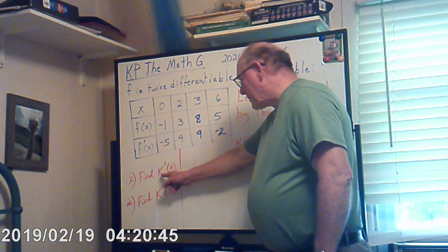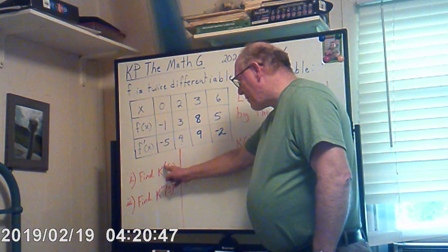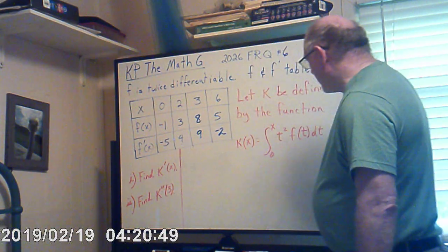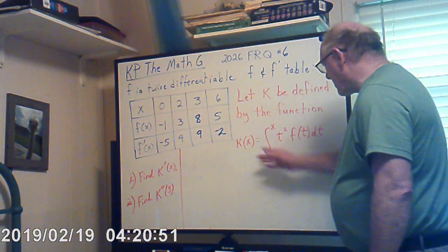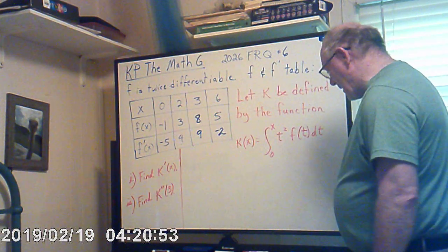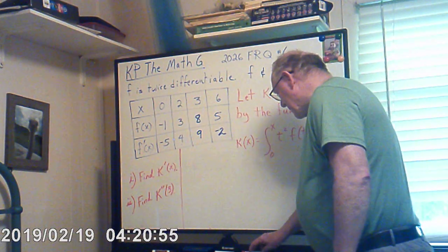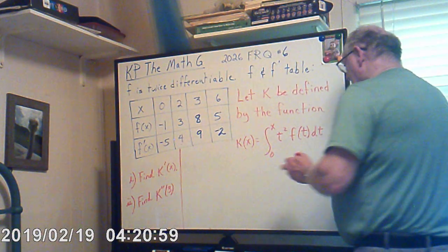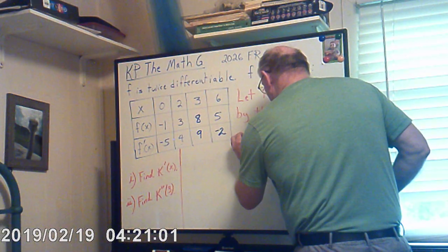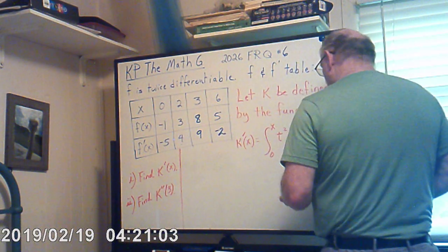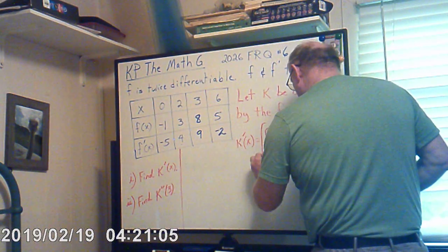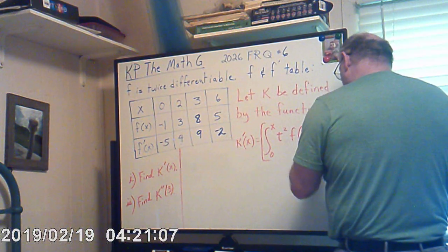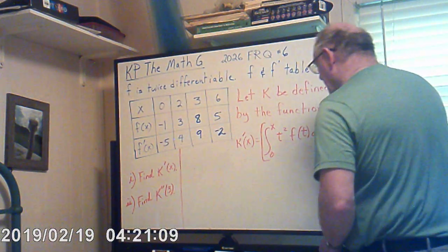So what we're doing here is we're taking the derivative of K. We're going to take the derivative of K simply by putting down a prime. When you do that prime, you're taking the derivative of the left side. And then we're going to take the derivative of this side too.